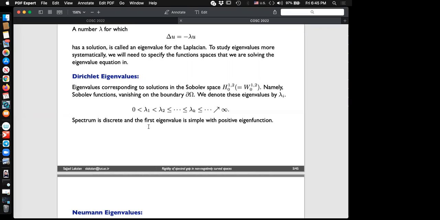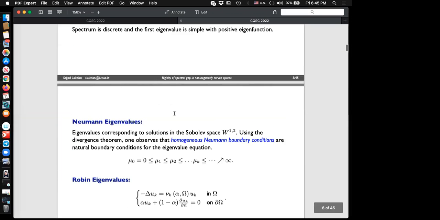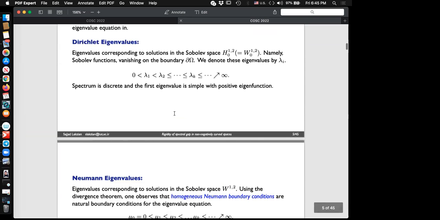So we can get Dirichlet eigenvalues if you put Dirichlet boundary conditions, which is equivalent to minimizing the Rayleigh quotient in the Sobolev space of compactly supported functions, H0 1,2. Or if you minimize the same quotient in W1,2 without this zero subscript, it means that we are computing the Neumann eigenvalues. So depending on what kind of boundary conditions we want to impose, we work with different Sobolev spaces, and that gives us a different spectrum.